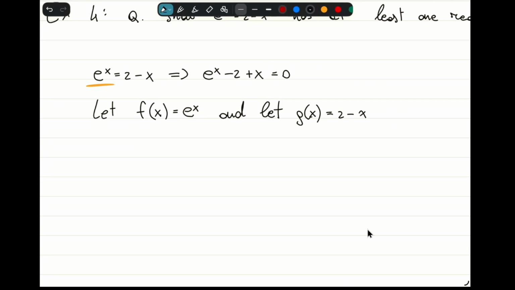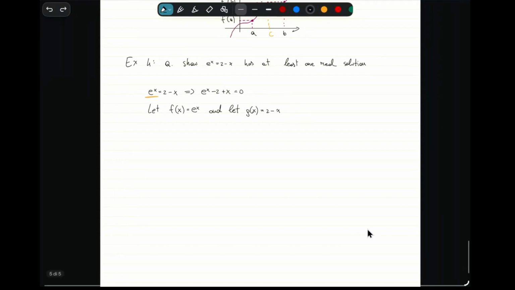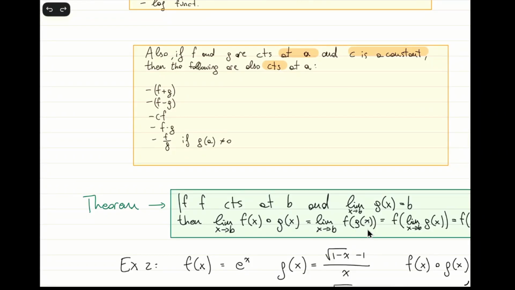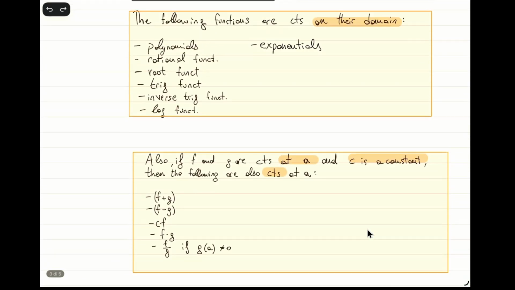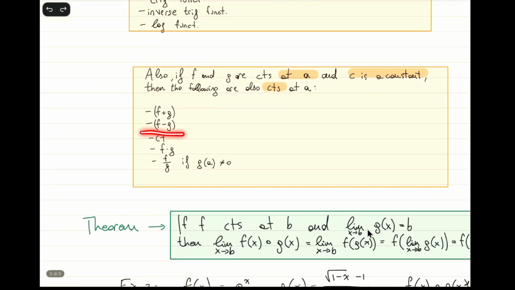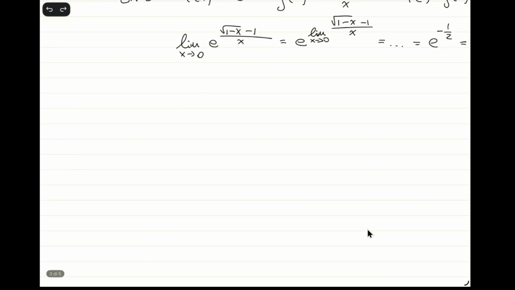Now, what we did here in this step was simply to say, well, let's go back to look at these. What do we say? That the subtraction of two functions that are continuous at a point a is still continuous, and we know e to the x is an exponential and 2 minus x is a polynomial, so they will be continuous on their domain. So that means if we take the subtraction of those, what we get is continuous.